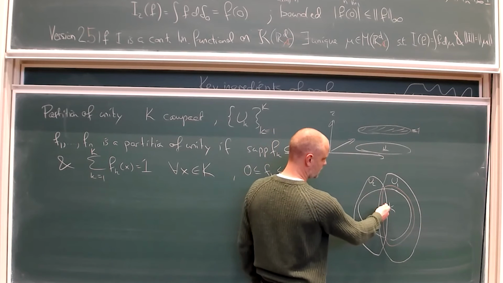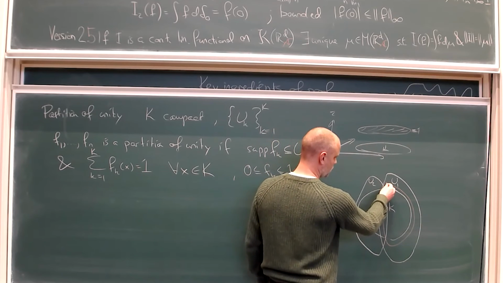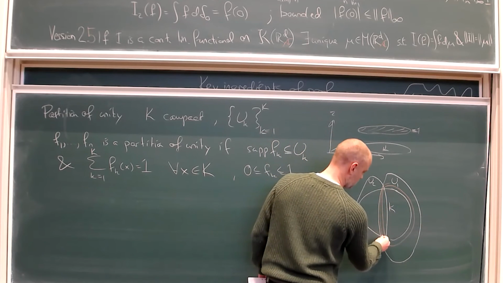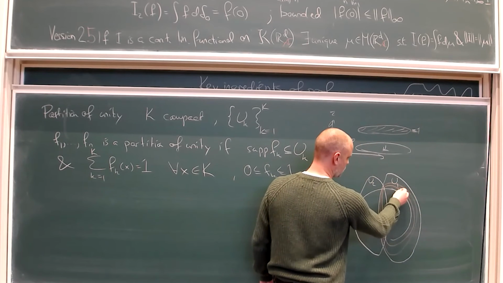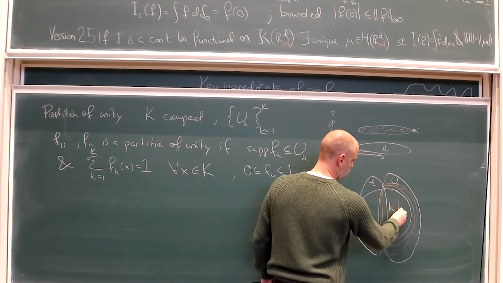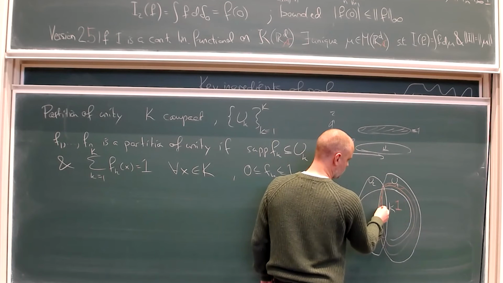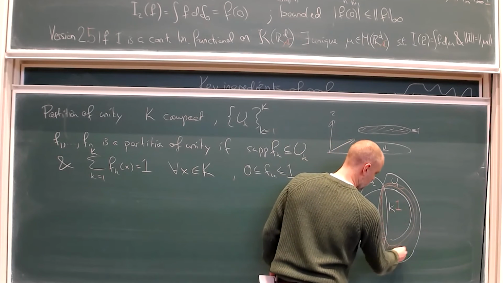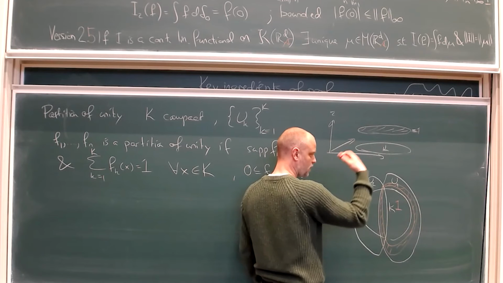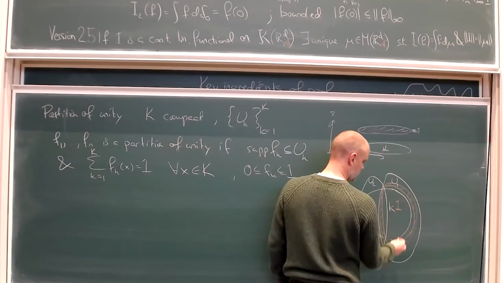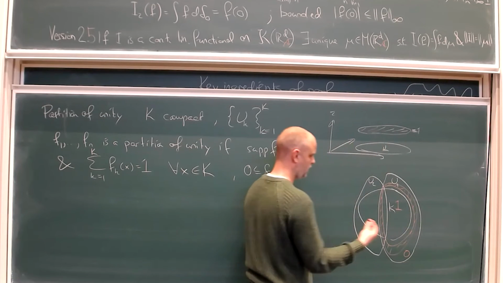And then this guy needs to go to 0 before reaching the limit of u1. So it will be 1 inside here, and then you will have some sort of zone where it decays from 1 down to 0, and then it's going to be 0 everywhere outside.